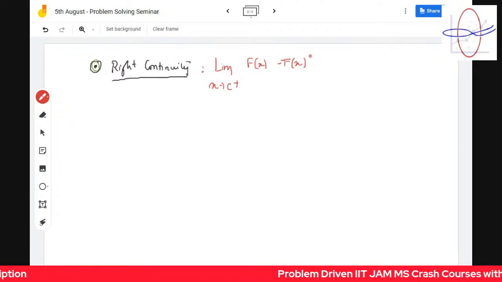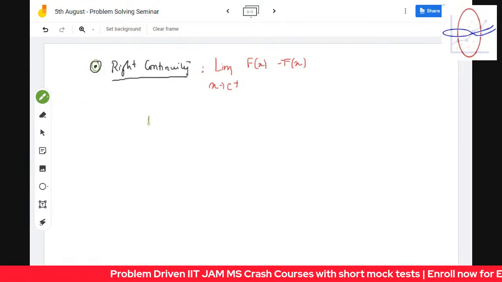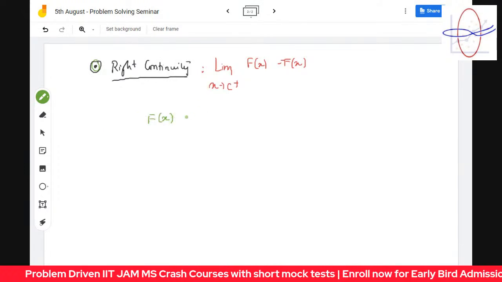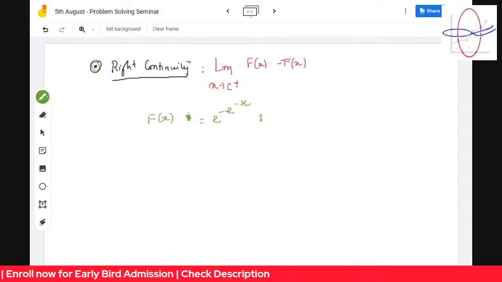But here you can easily understand that f(x) is continuous, okay? Because it's a composition of continuous functions, and compositions of continuous functions are continuous. So it's already true.